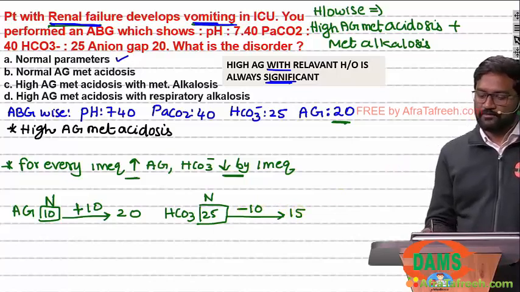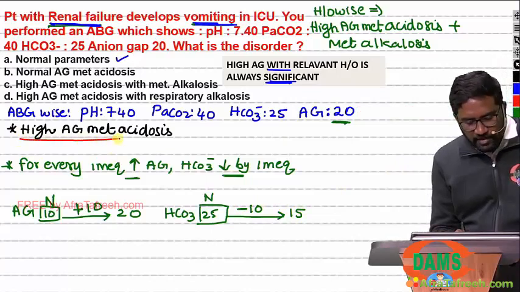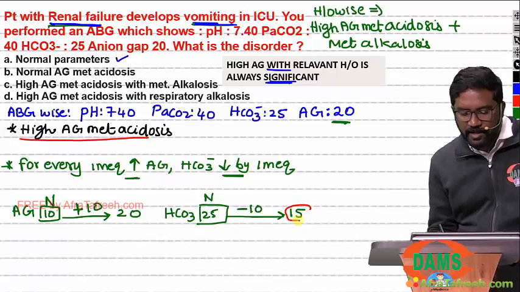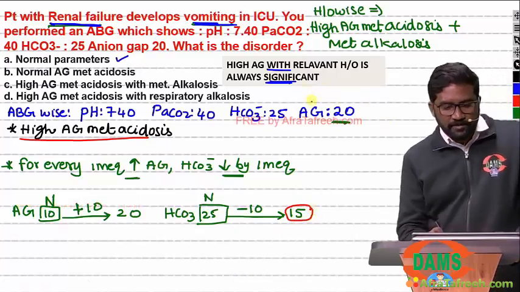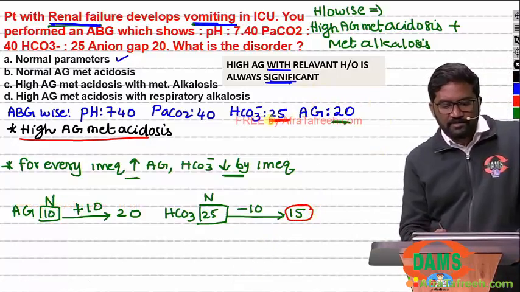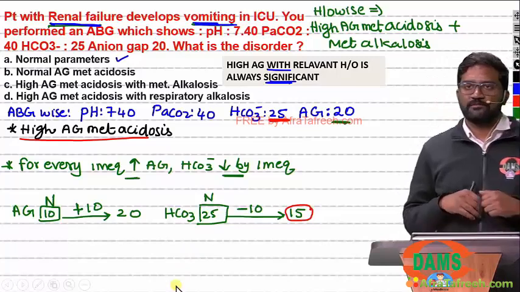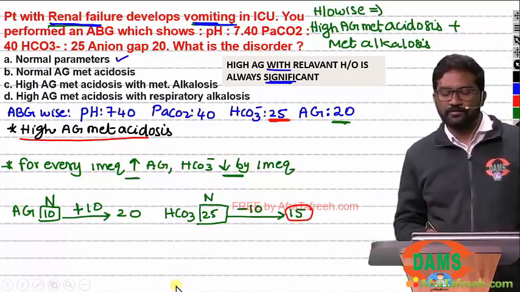So here the concept is, if it is single high anion gap metabolic acidosis, the bicarbonate should have stayed at 15. But in the patient's body, it has increased to 25. It means there is some other disorder that has added extra bicarbonate to the body.